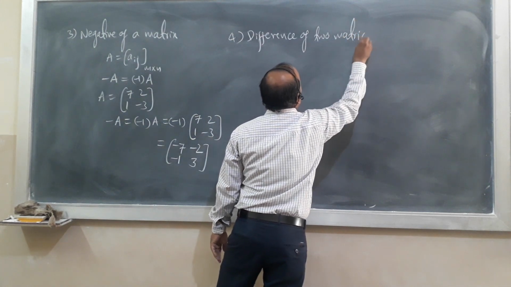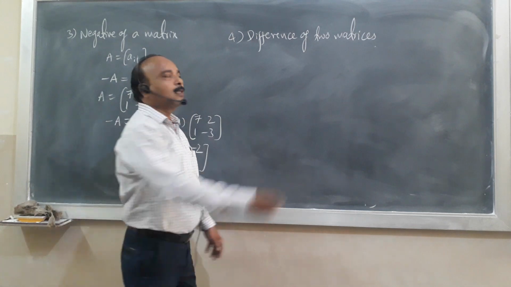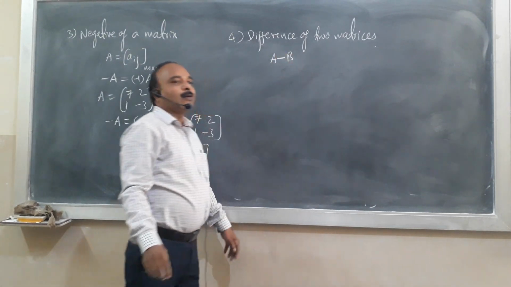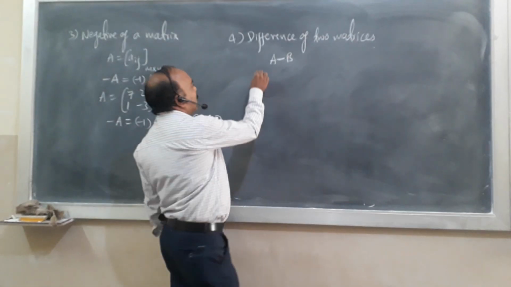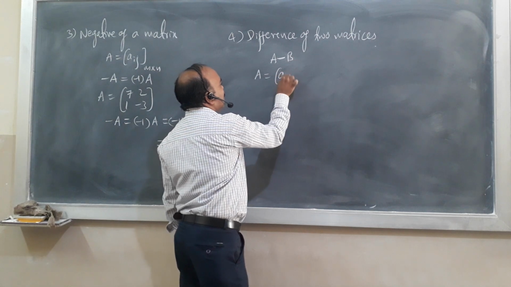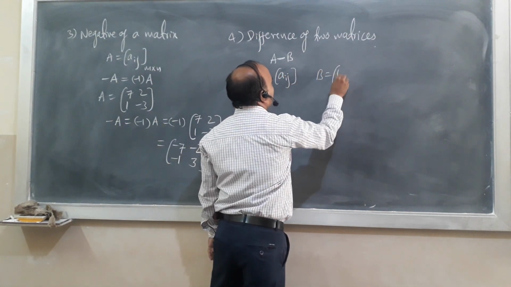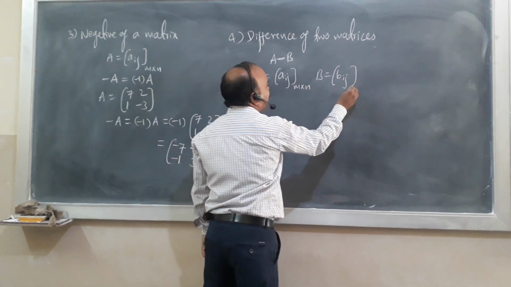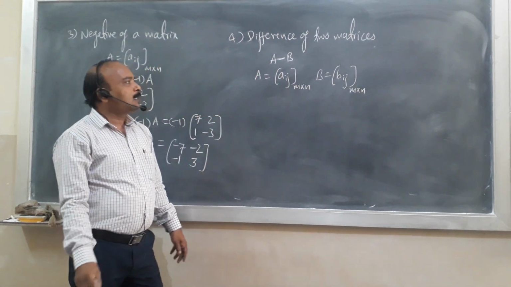Difference of two matrices. The difference of two matrices is nothing but A minus B, where A and B are matrices of the same order. A is given by Aij and B is given by Bij. If the order is m by n, then automatically the order of the difference is also m by n, meaning they have the same order.